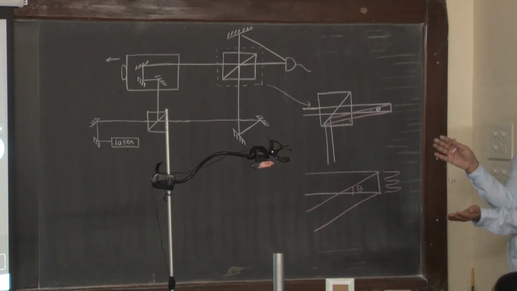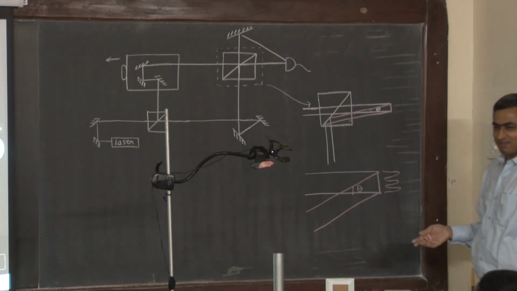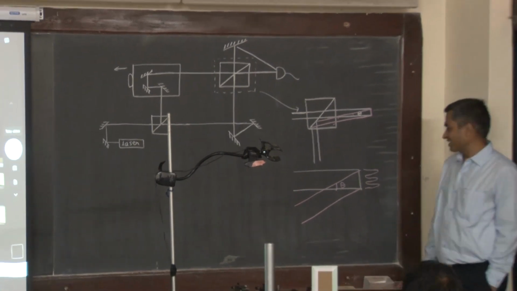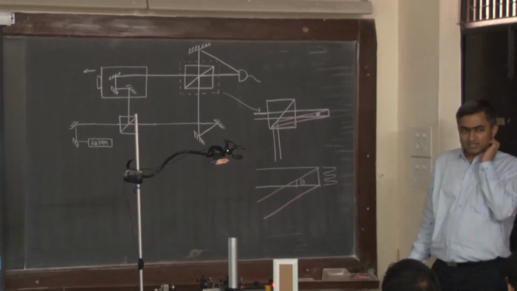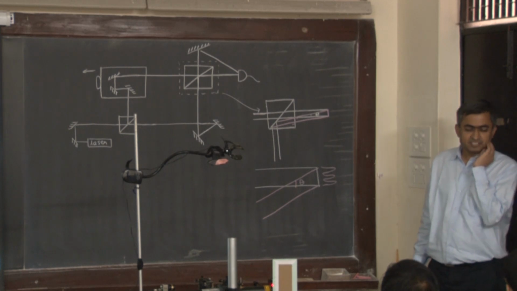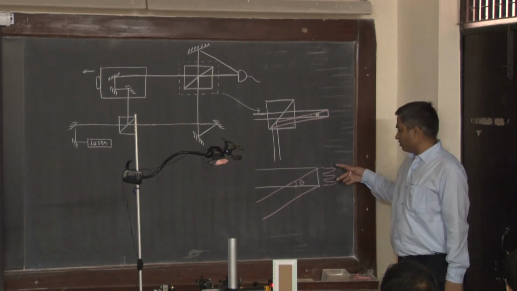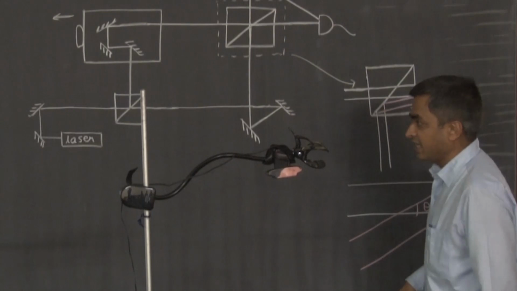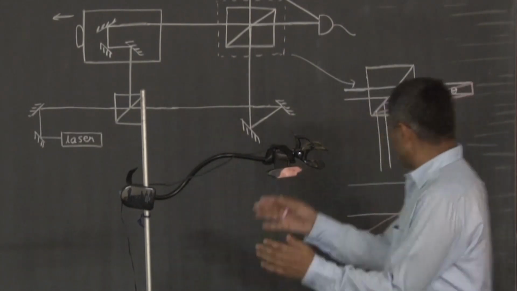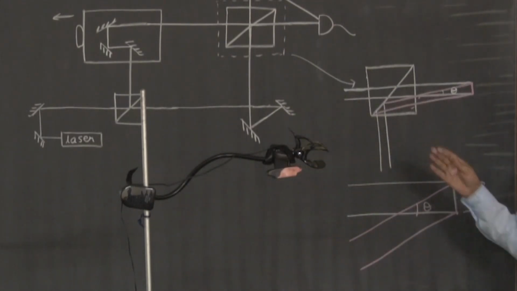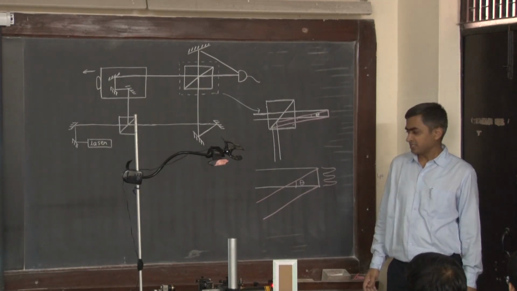Can you guess? You can calculate this, and we'll surely calculate, but I'm just asking you to guess. It will increase, not the fringe period, but the fringe density. So you'll have more and more fringes in the same area. And if I decrease the angle, the fringe density will decrease and the fringe period will increase.